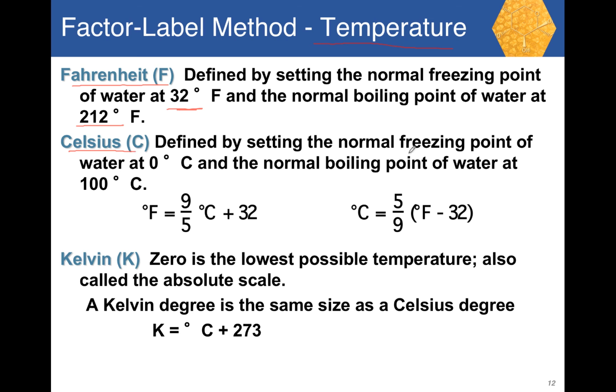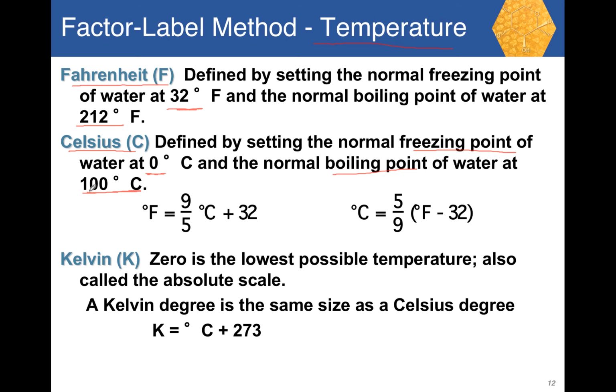On this scale, the freezing point of water is 0 degrees centigrade or Celsius, and the boiling point is 100 degrees. So your job now becomes, if given the temperature of today, for example, 100 degrees Fahrenheit, what would that be in Celsius?